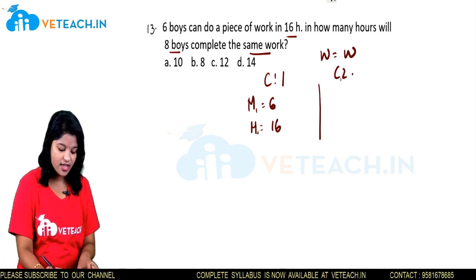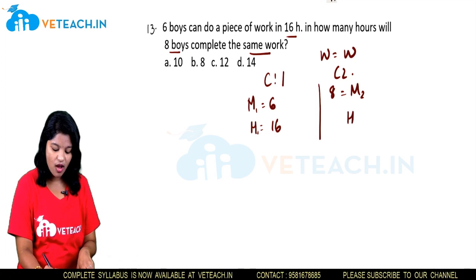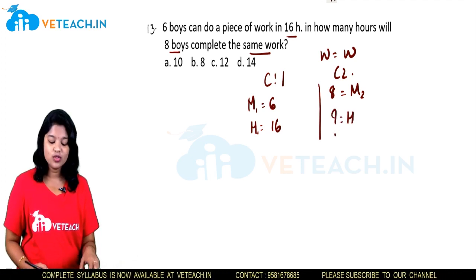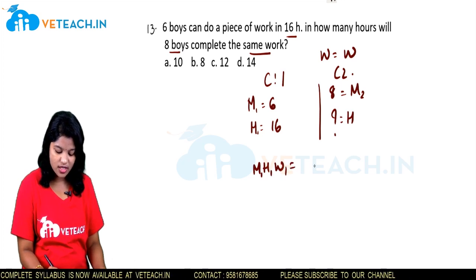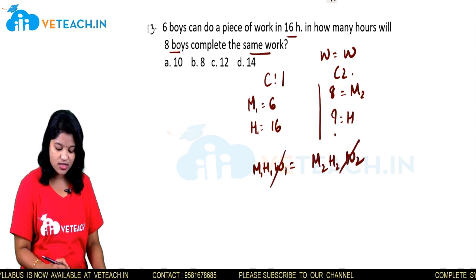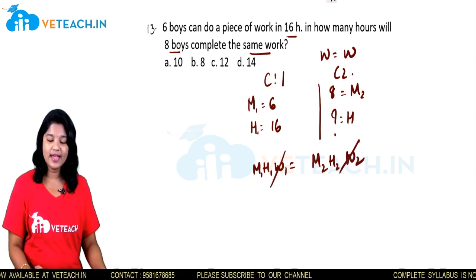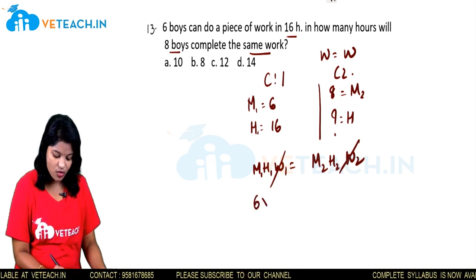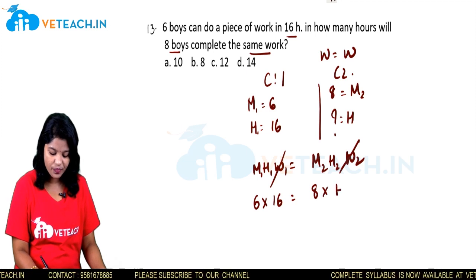And in the second case, 8 boys will do the same work in how many hours? So simply M1 H1 W1 is equal to M2 H2 W2. Since the work is the same, there is no need of the work constant, we simply cancel it out. So M1 is 6 into 16 hours is equal to M2 is 8 into H2.